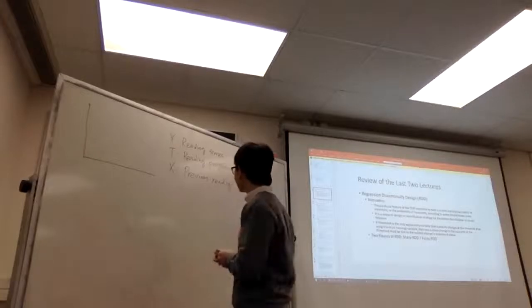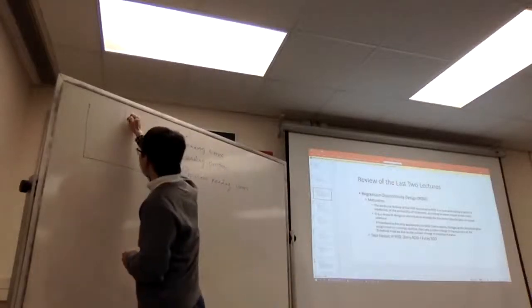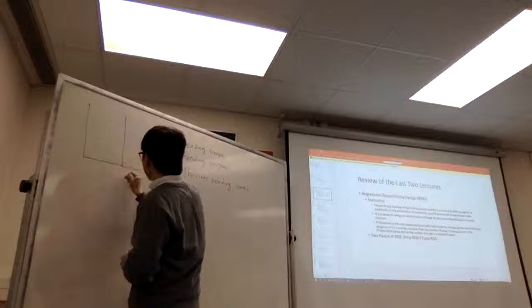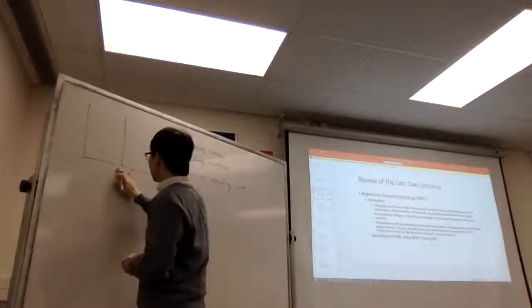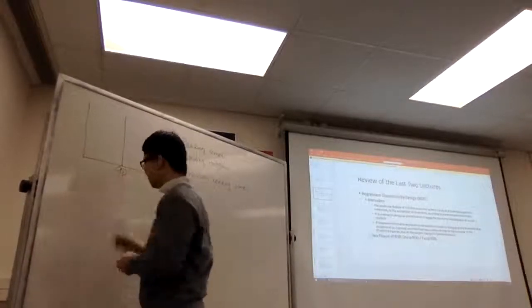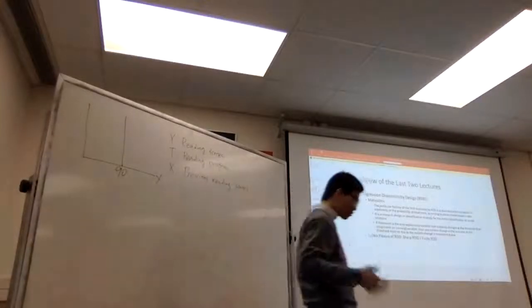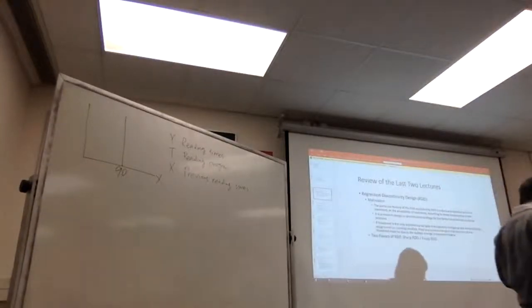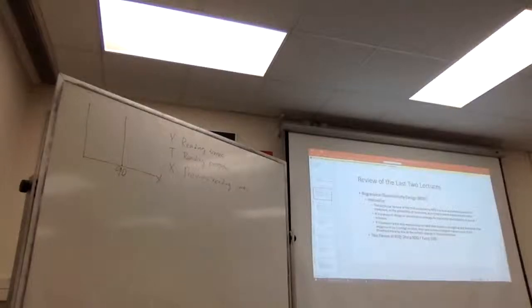So based on the reading score of, say, the threshold of 90, those who got more than 90% in the previous reading score get treated with the special reading, and those who didn't don't get the treatment.